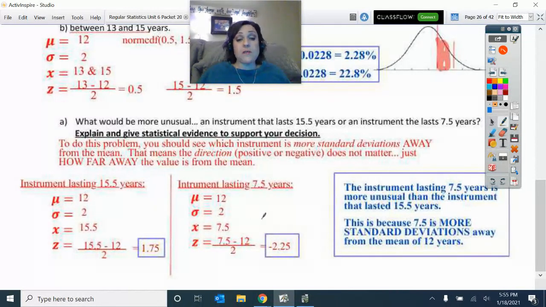So it is more unusual than the instrument that lasts 15.5 years, because even though it is in the negative direction, it is more standard deviations, it is farther away from what was expected to happen than the instrument that lasted 15.5 years.